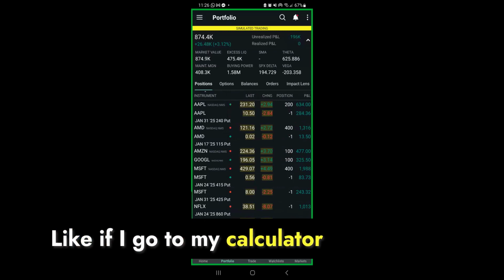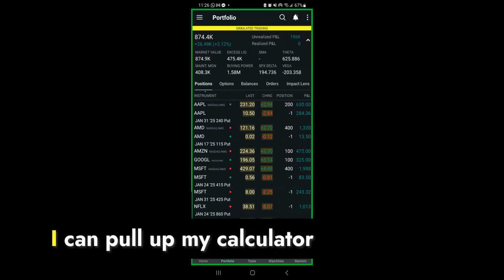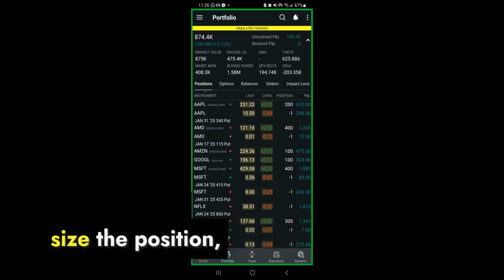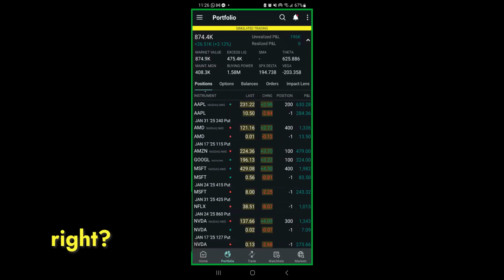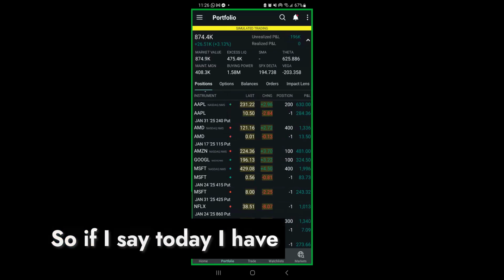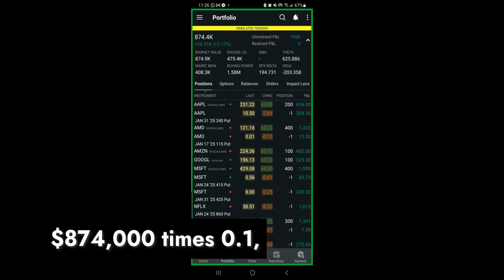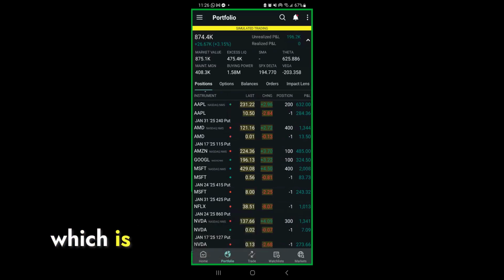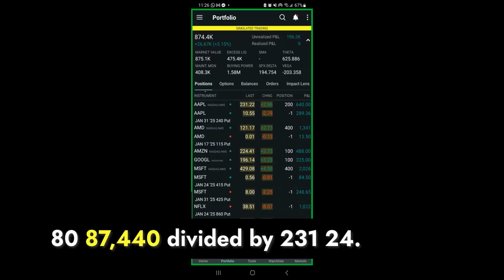If I go to my calculator, I can literally size the position, right? So I have $874,000 times 0.1, which is 87,400, okay, 87,440, divided by 231.24.